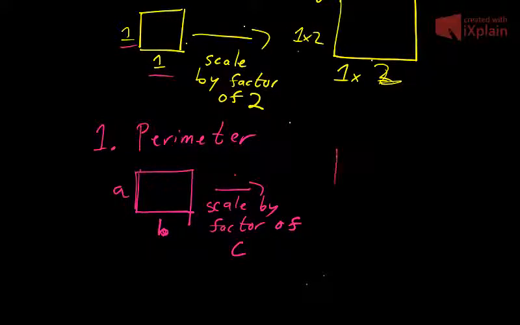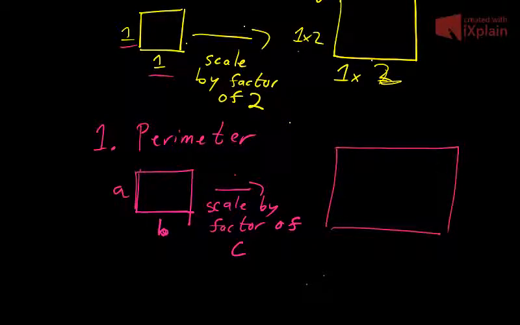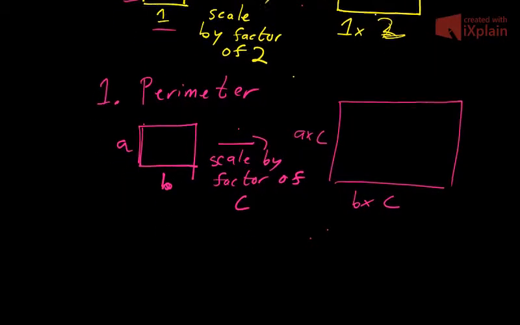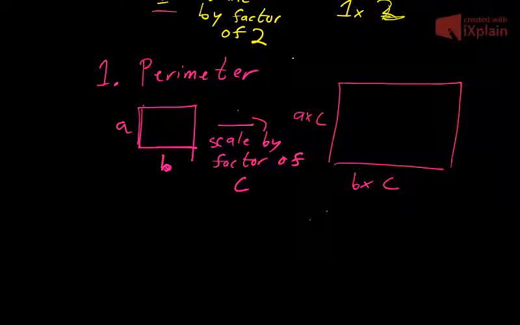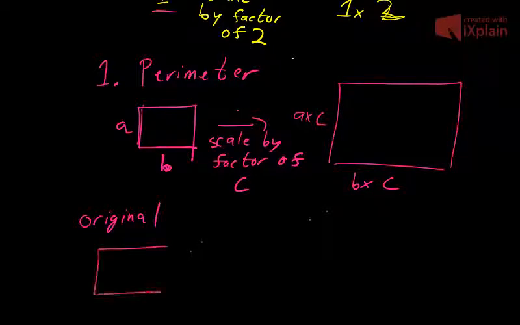Seems pretty easy. And it's going to make some sort of bigger rectangle where the sides can be A times C and B times C. So we got C times bigger. And I want to compare the perimeters here. So for the perimeter of my first shape, we're going to call that the original shape, I just go around my rectangle and add up all the sides.